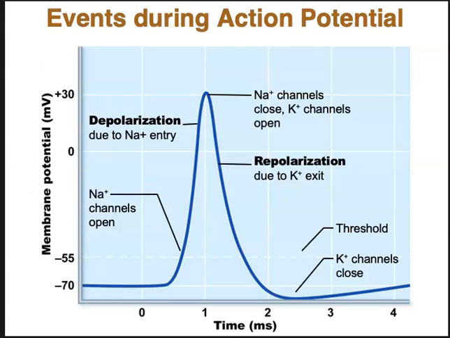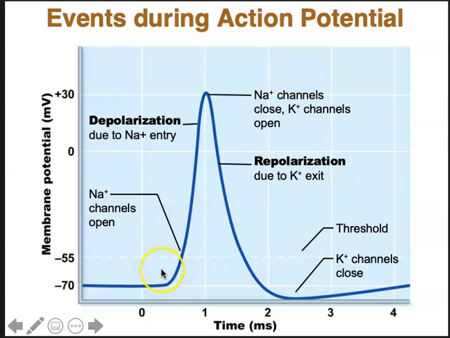Now, as a reminder, you have this figure here, which of course is in chapter 8. And you see an action potential and how the action potential occurs in terms of the events or the phases. We have sodium channels that are opening.